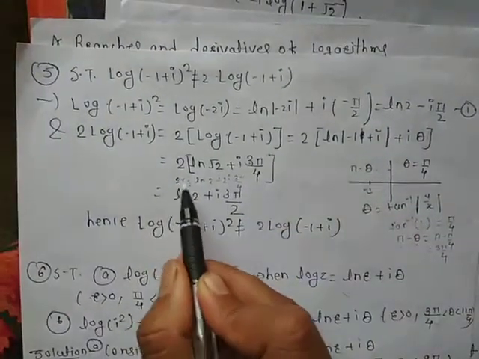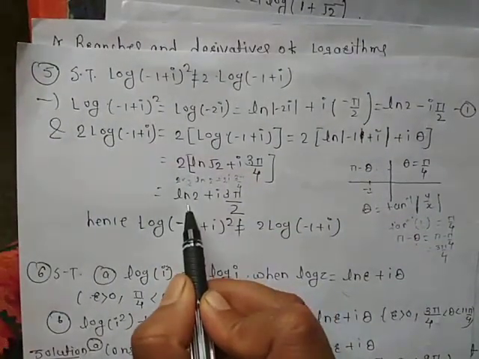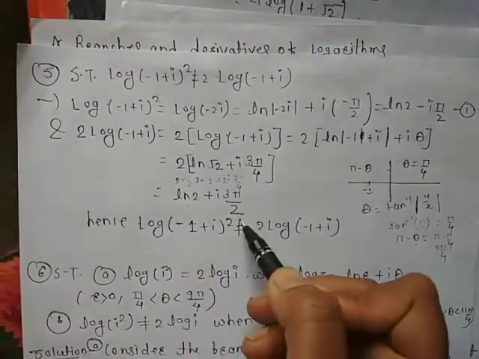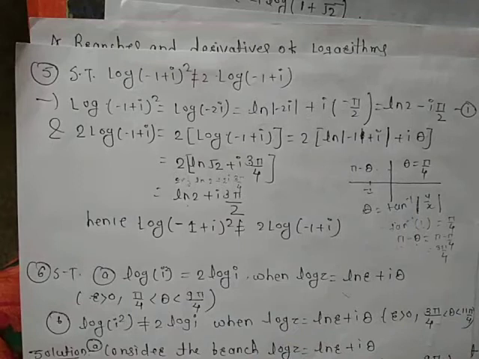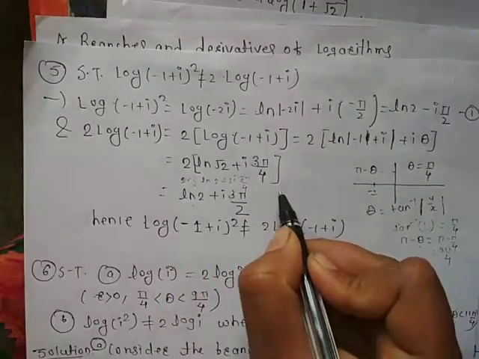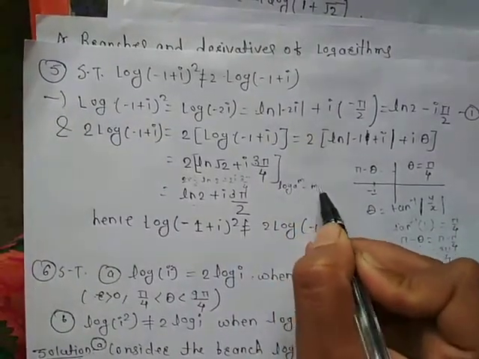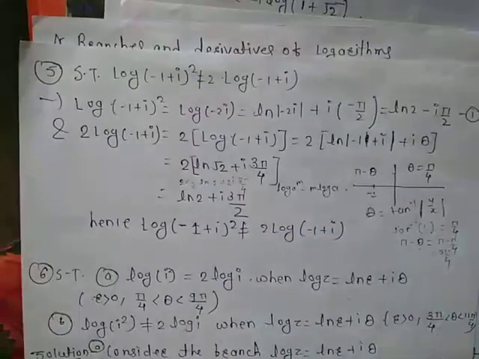So the 2s get cancelled, ln 2 remains, and 2 twos are 4, so i into 3 pi by 2. This is by using log a raised to m is equal to m into log a.